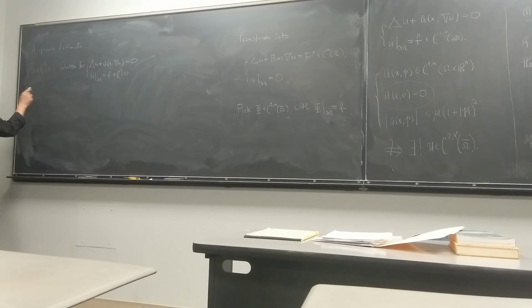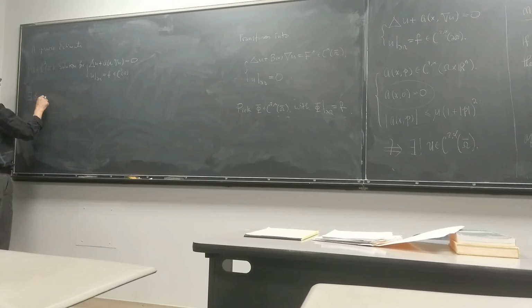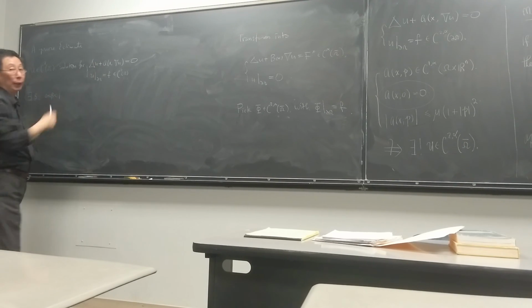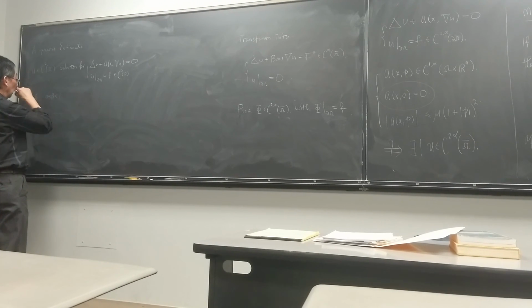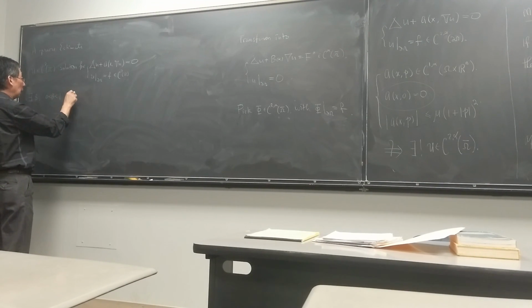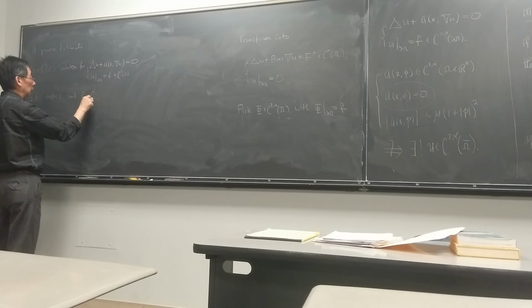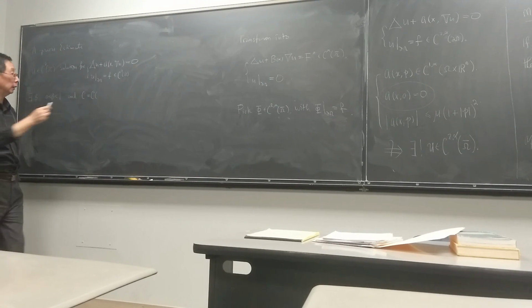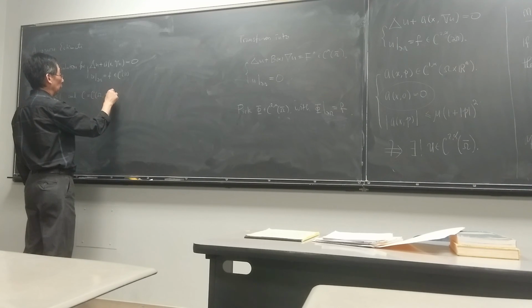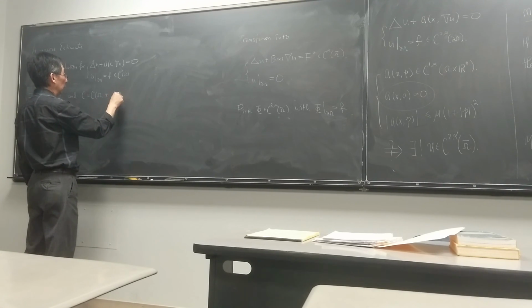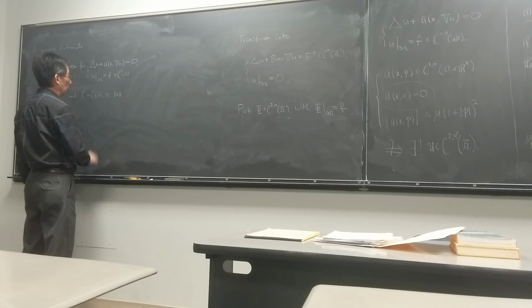This means there exists a beta between 0 and 1, which depends on the coefficient A, on the equation, and a constant C. Now C depends on a couple of things, like omega, the dimension, and also may involve the norm of A.